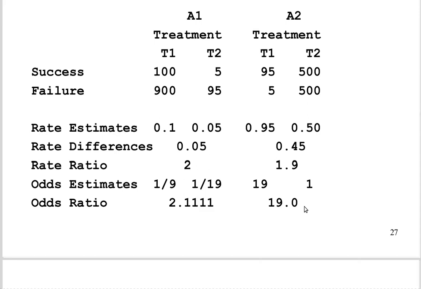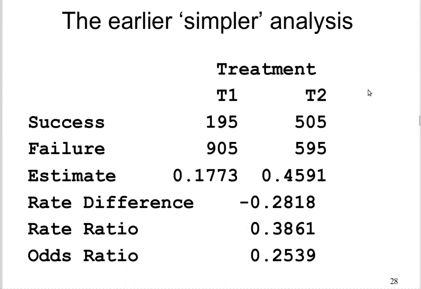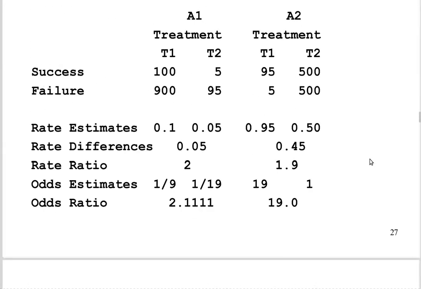Wow, lots going on here. Without the identification of the surgery group, a rate difference is negative, and the rate ratio and odds ratio are both less than 1, even though the rate ratio in the 2 surgery groups was computed to be greater than 1, and similarly with the odds ratios. And notice these odds ratios, they're different.